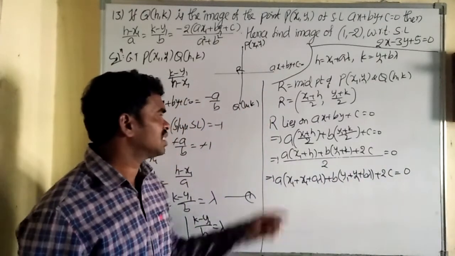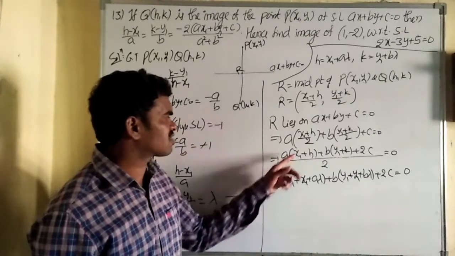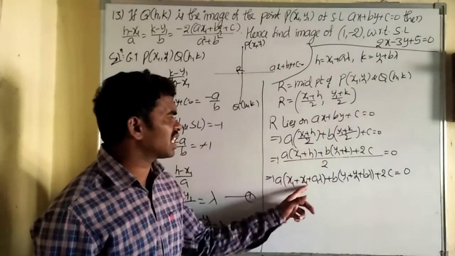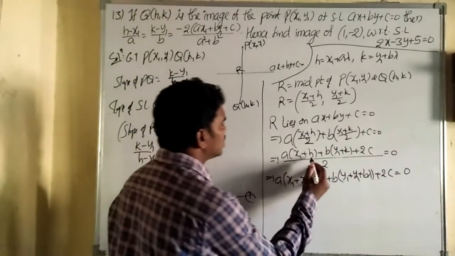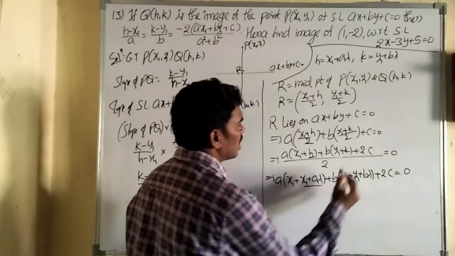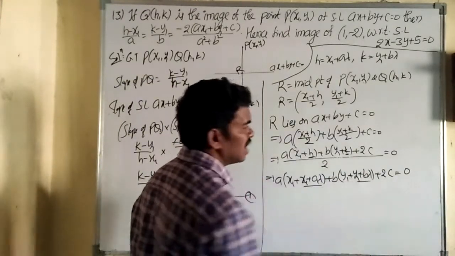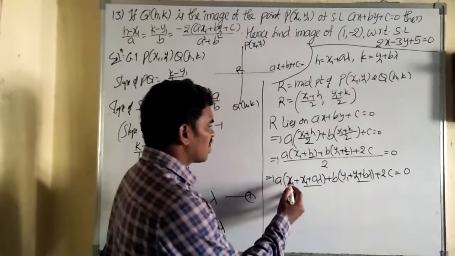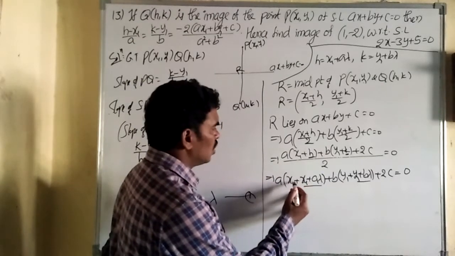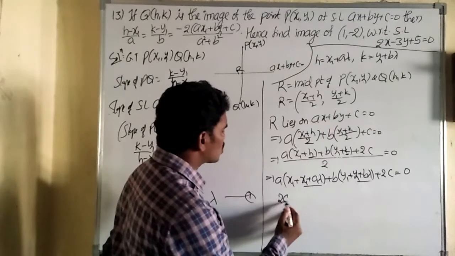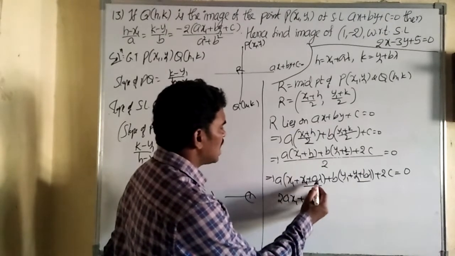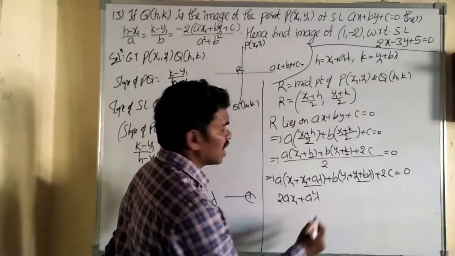Clear? See again. a means a, x1 means x1, h means x1 plus a lambda, k means y1 plus b lambda. Okay. Now x1 plus x1, 2x1, 2x1 into a becomes 2ax1, plus a lambda into a, a square lambda.